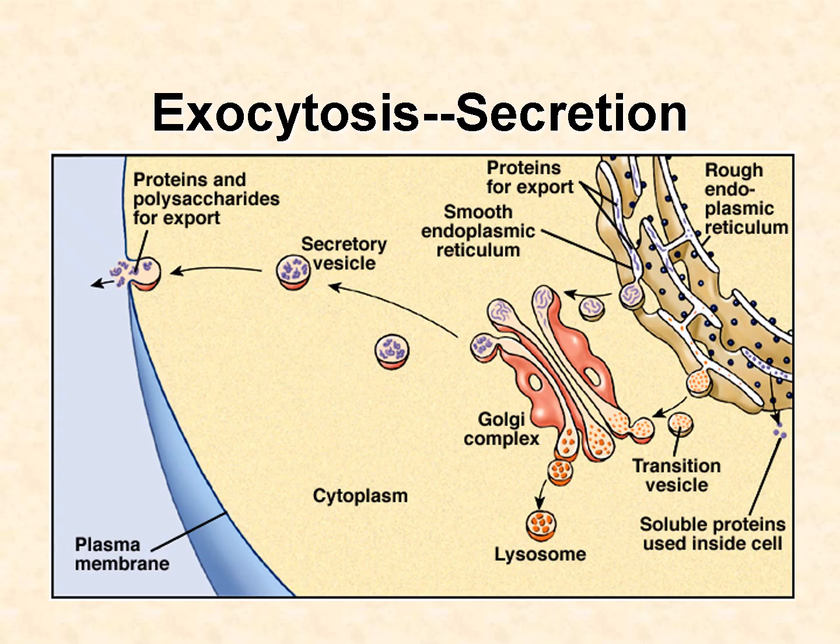When the cell is stimulated to secrete its product, the proteins are synthesized in the rough endoplasmic reticulum (RER) and transported to the Golgi apparatus for further modification and concentration. The vesicles containing the protein pinch off the Golgi apparatus and fuse with the plasma membrane, releasing the contents.